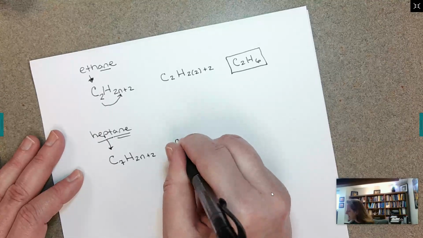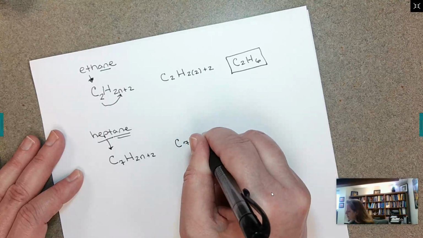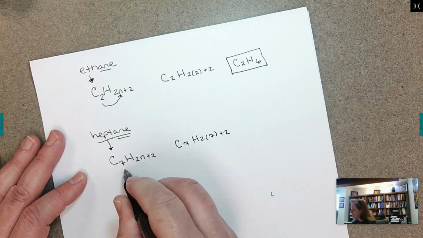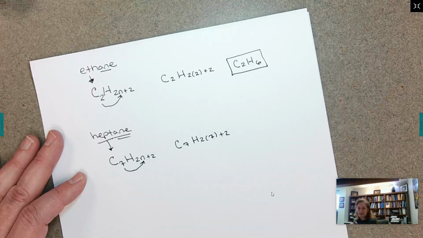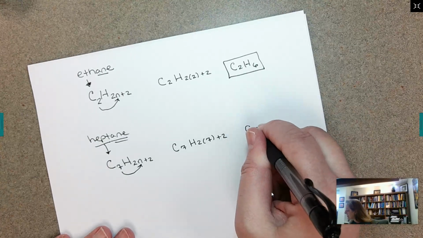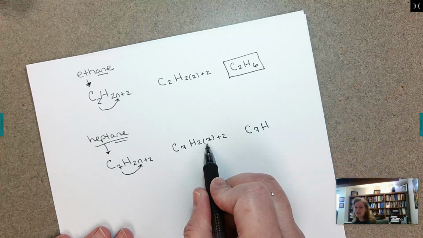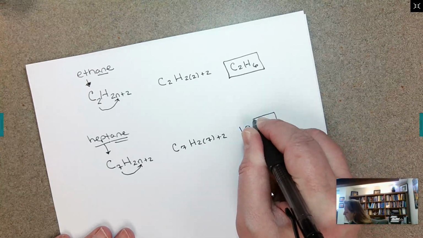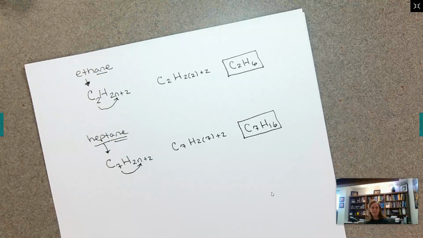So this is going to be C7H, 2 times 7 plus 2. So that N right there, again, is going to be replaced by how many carbons you have, so that way you can do the calculation. And that's going to be C7H, 2 times 7 is 14, plus 2 is 16. That is the formula for heptane. They're all that way. Okay? So those are your hydrocarbons.